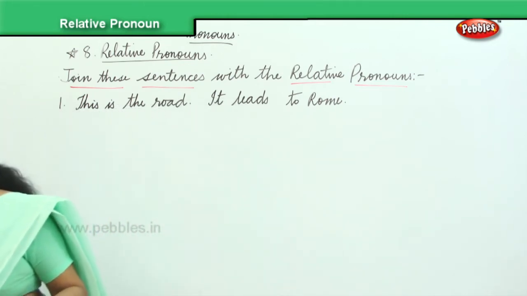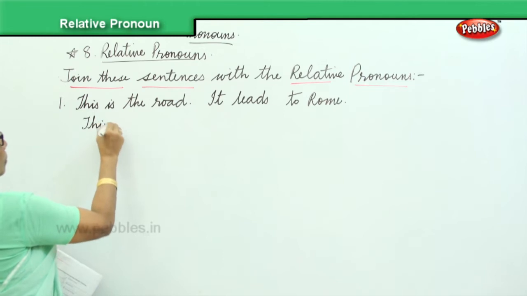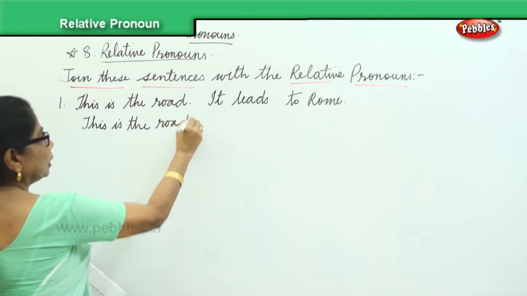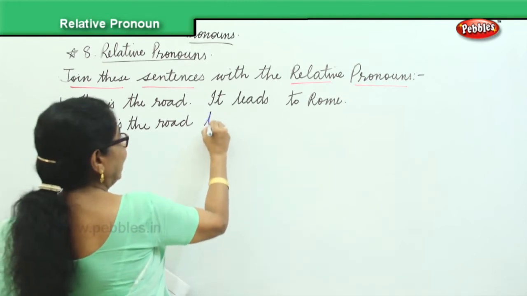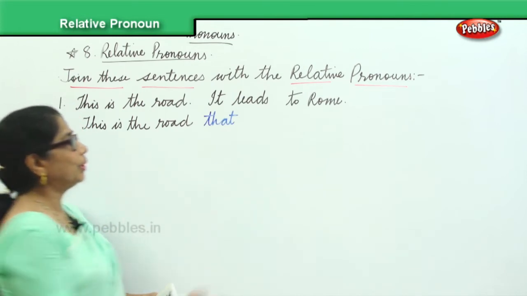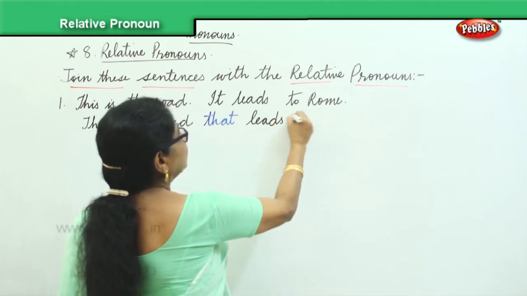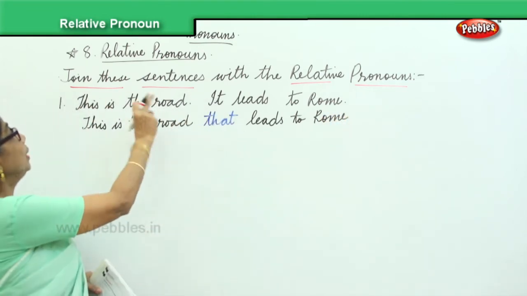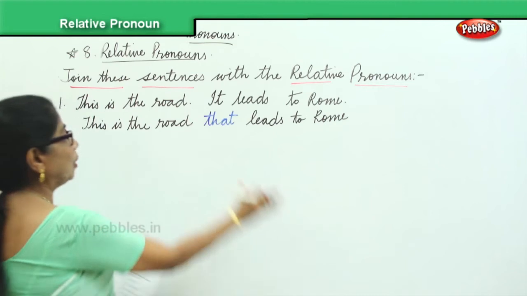So you will say, this is the road. What is the relative pronoun we'll use here? That leads to Rome. That. So what did we do? We joined the sentences, and we used the relative pronoun that.